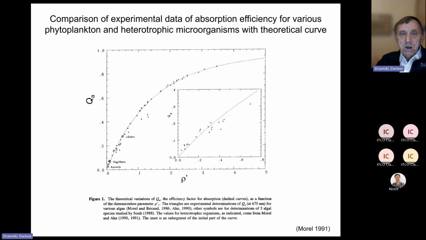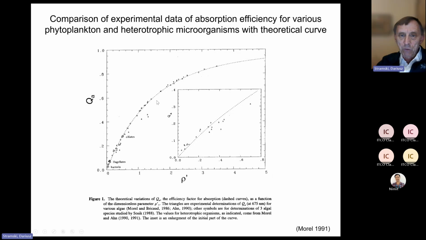And here is the compilation of experimental data at a single wavelength, shown along with the theoretical prediction of the efficiency factor for spherical, internally uniform particles. This is the dashed line.